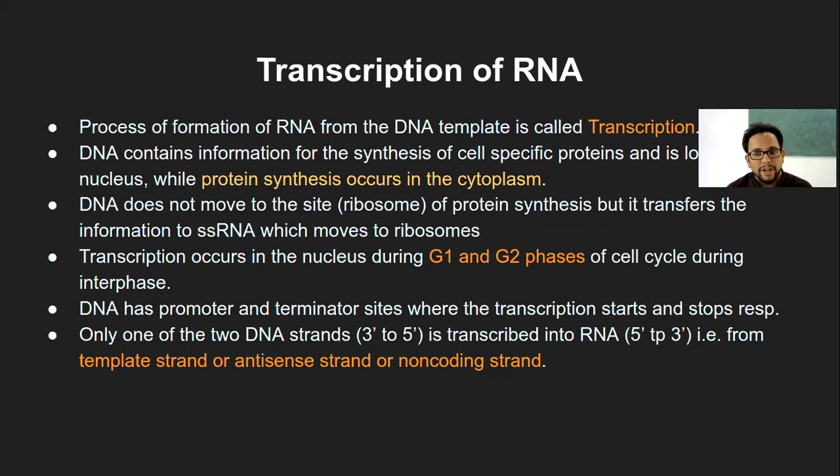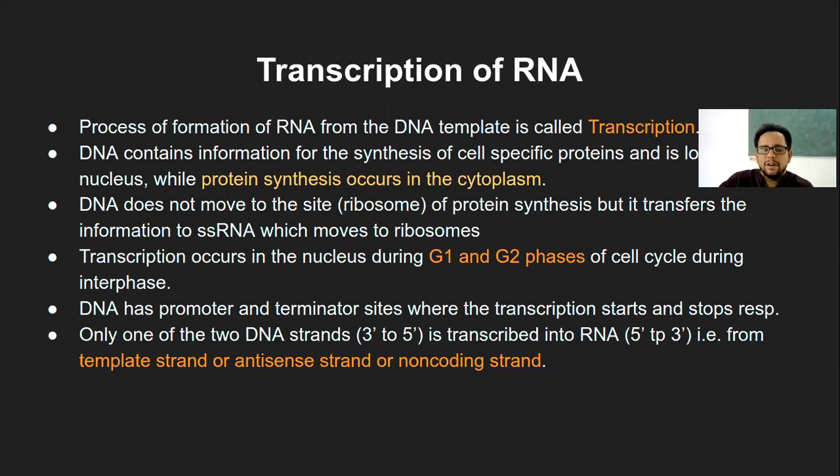And we already know that if DNA moves outside the nucleus, it will probably get degraded. So it does not move to the site of protein synthesis, where ribosomes are located. So that is when this intermediate step synthesizes the mRNA, and it transfers that mRNA from the nucleus to the cytoplasm. That is the process of transcription.